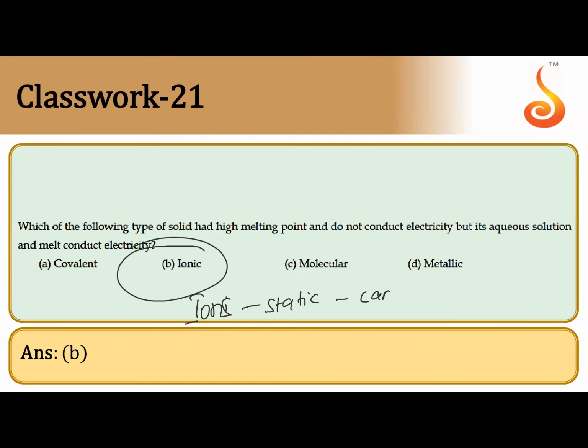Static means they cannot move. Only if the ions move, it will conduct electricity. Whereas in the aqueous solution, ions can move. That means ions are mobile, and they will conduct electricity. So it's true for ionic solids.